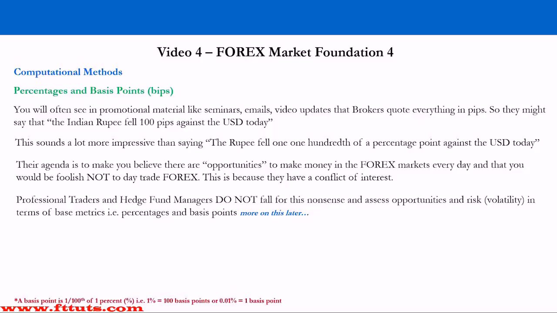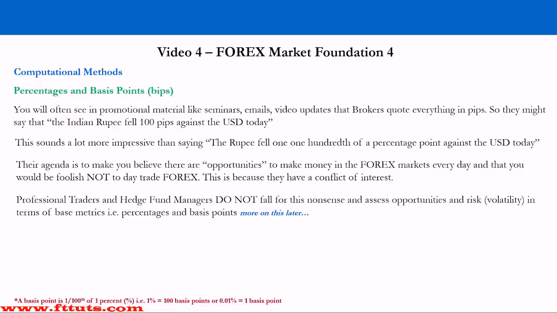You'll often see in the broker's promotional materials, like in seminars, emails, video updates, you'll see them quoting everything in pips. So they might say, for example, that the Indian rupee fell 100 pips against the US dollar today. And it obviously sounds a lot more impressive.